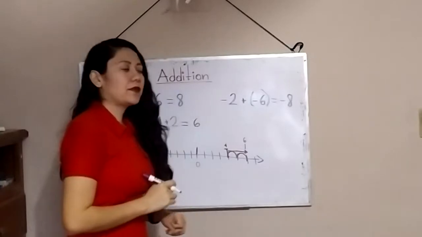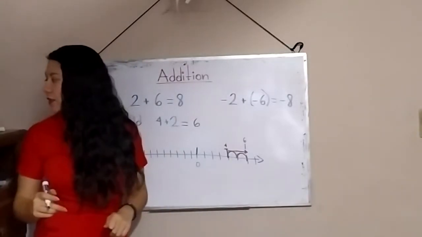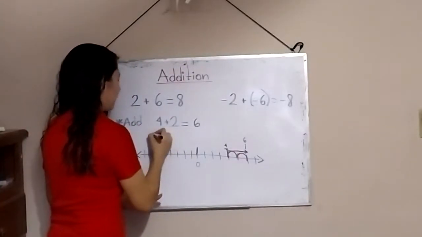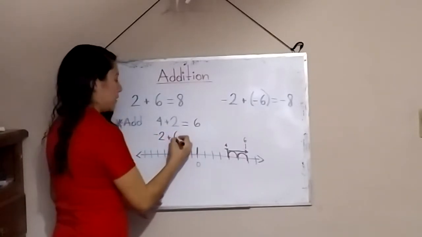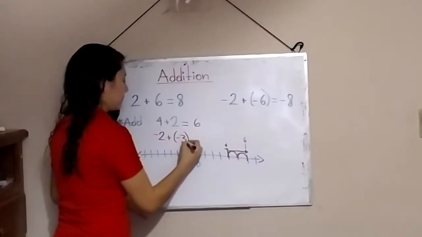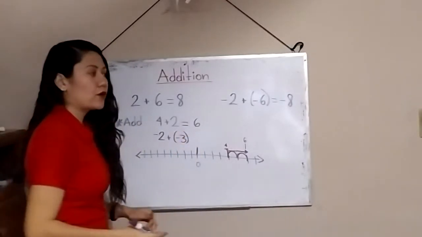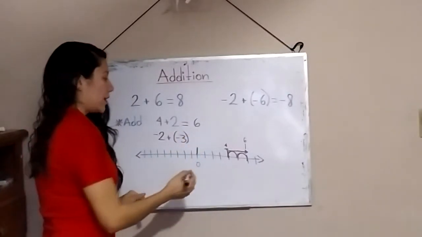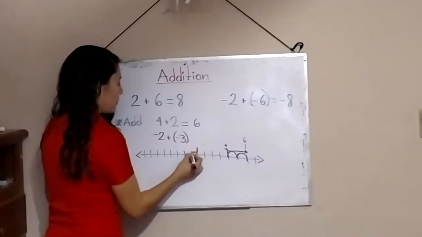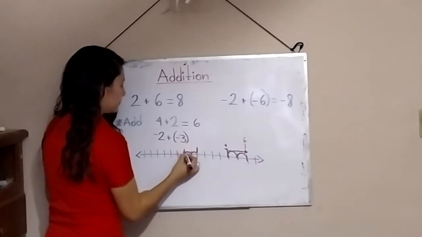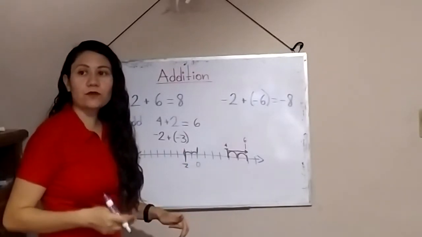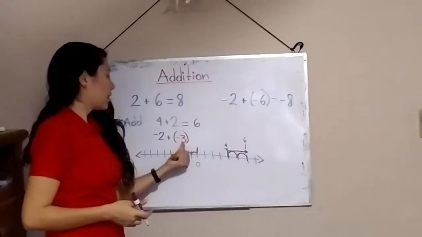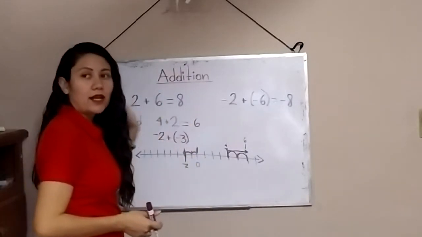The second example is asking us to add negative 2 plus negative 3. So we are going to start at negative 2. 1, 2. And we are going to move 3 places to the left.